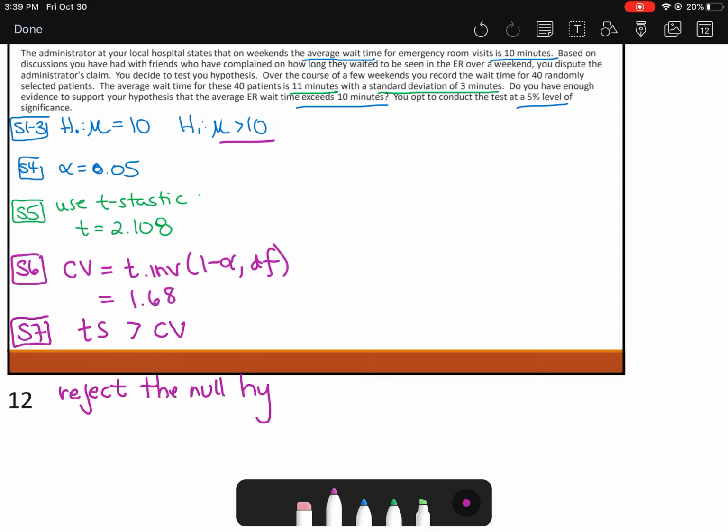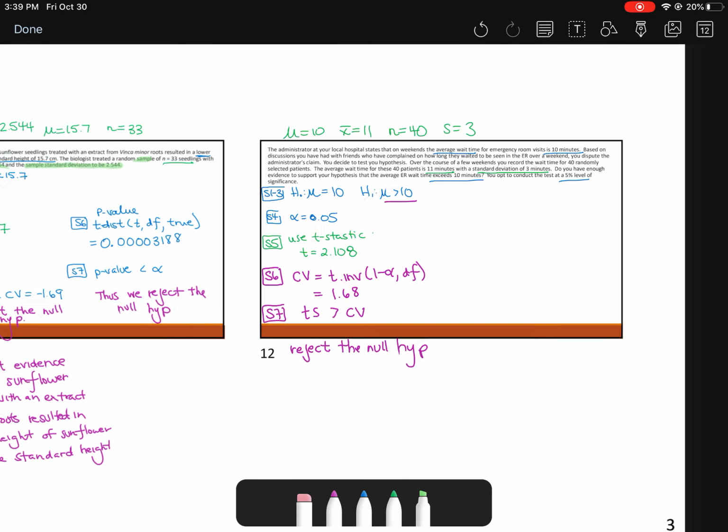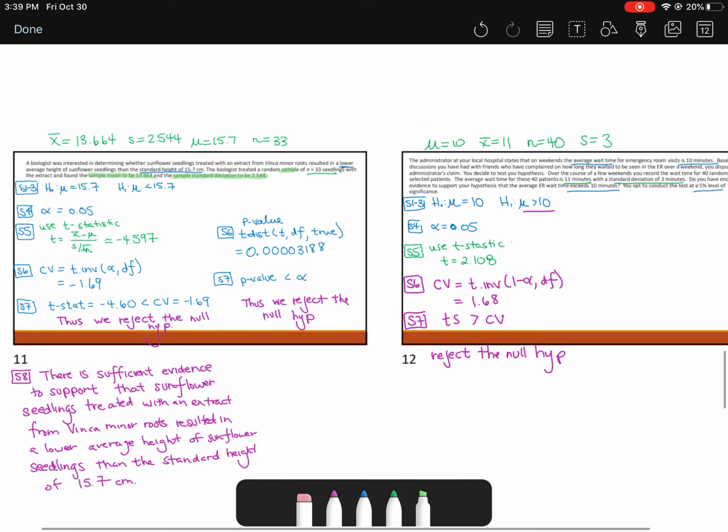And remember, you're probably wondering, on the previous example it was less than, so rejected. Why is it that if it's greater, rejected? But remember, this time we're using a right-tailed test, so we have to look at the information for the right-tailed.